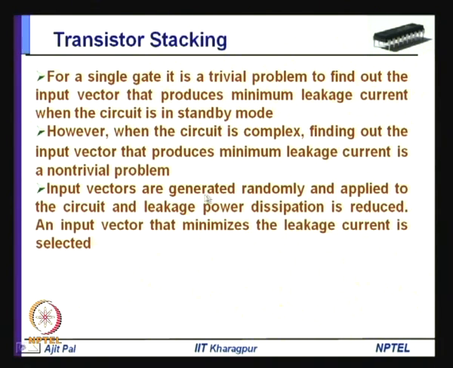Normally, input vectors are generated randomly and applied to the circuit, and the input vector that minimizes the leakage current is selected. So, instead of applying all possible input combinations, you apply a random subset of them, find which one gives minimum leakage current, and use that when the circuit is in standby mode.